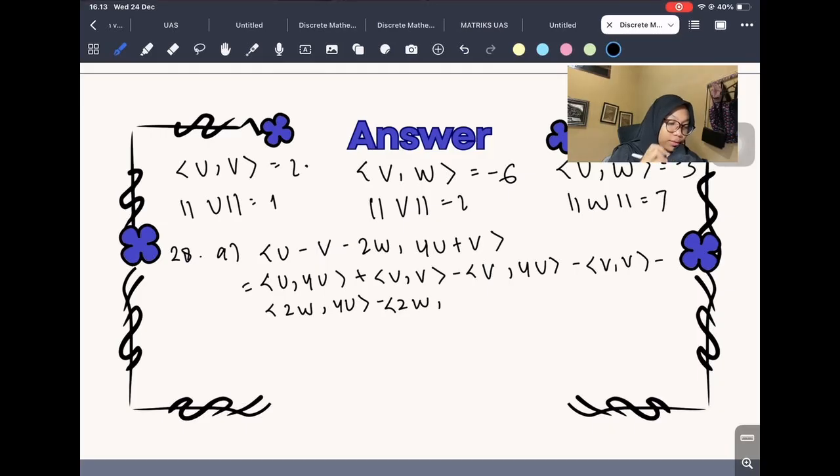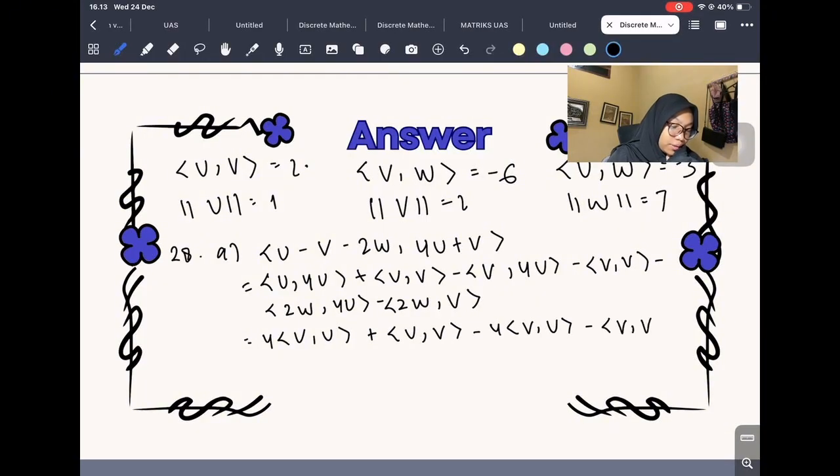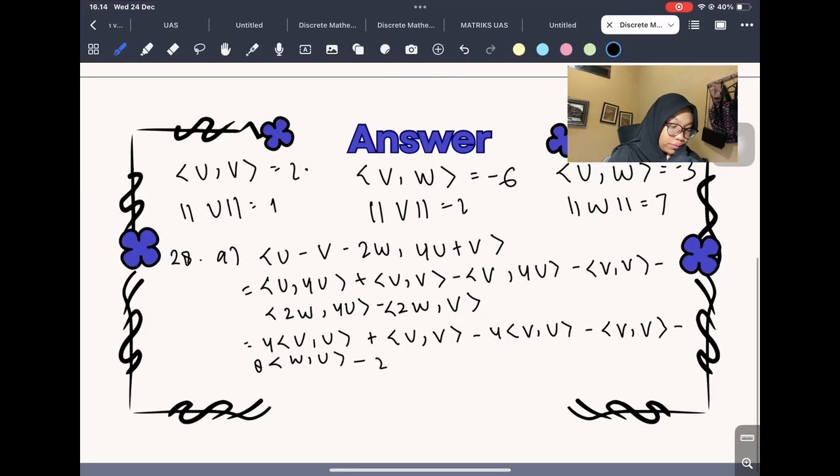Pull the constants out. So this will be 4 times u and u, plus u and v, minus 4 times v and u, minus v and v, minus 8 times w and u, plus 2 times w and v.